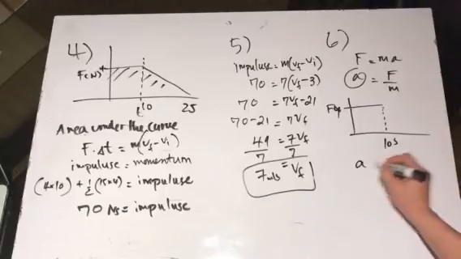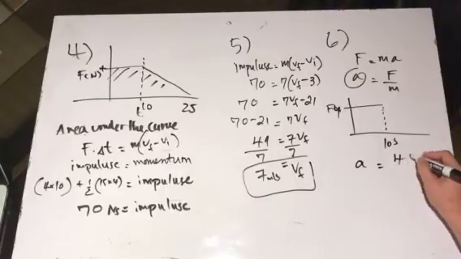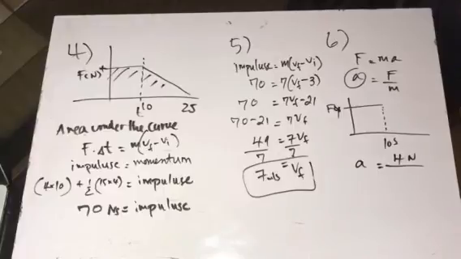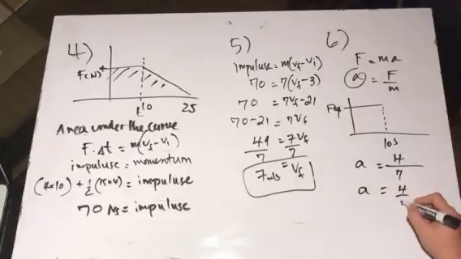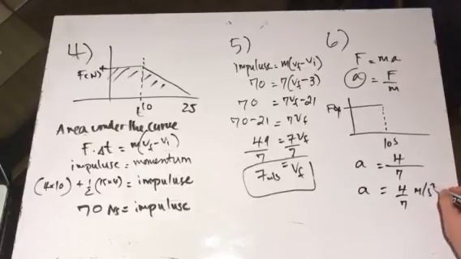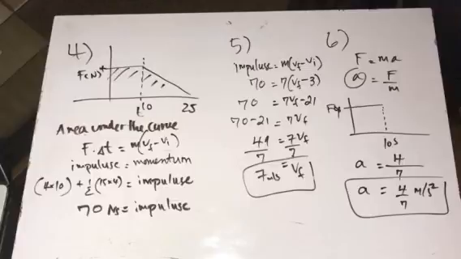So acceleration is equal to 4 Newtons divided by the mass, and the mass is 7. So acceleration is equal to 7 meters per second squared. And that's how you figure out the acceleration.